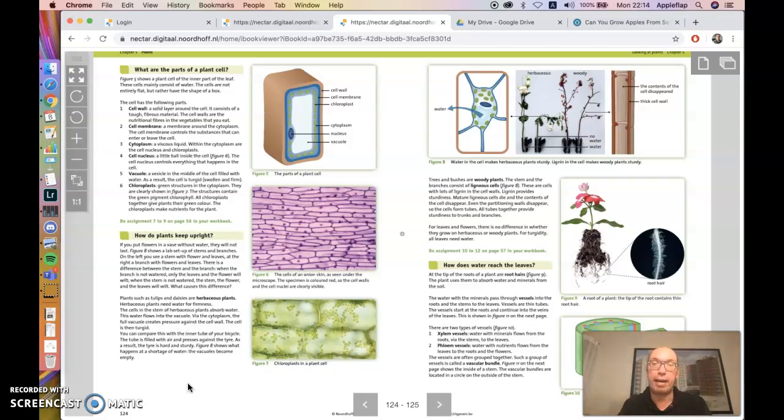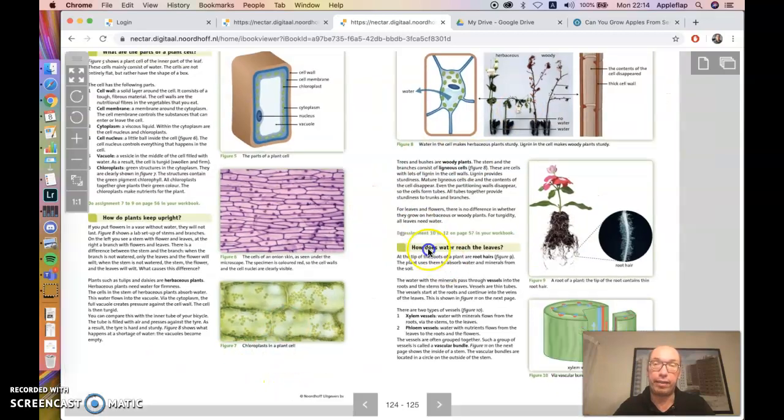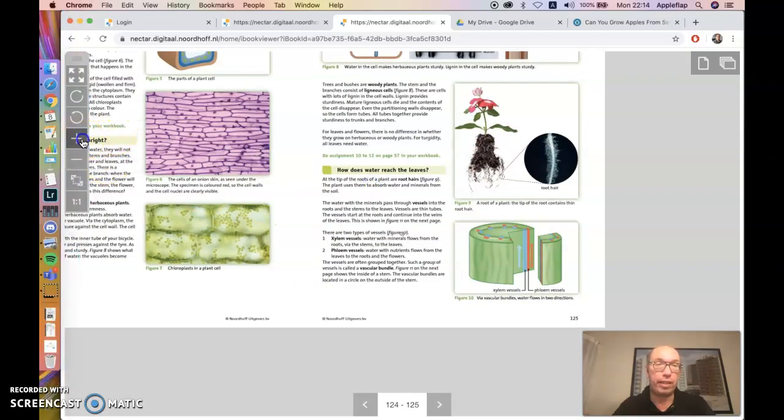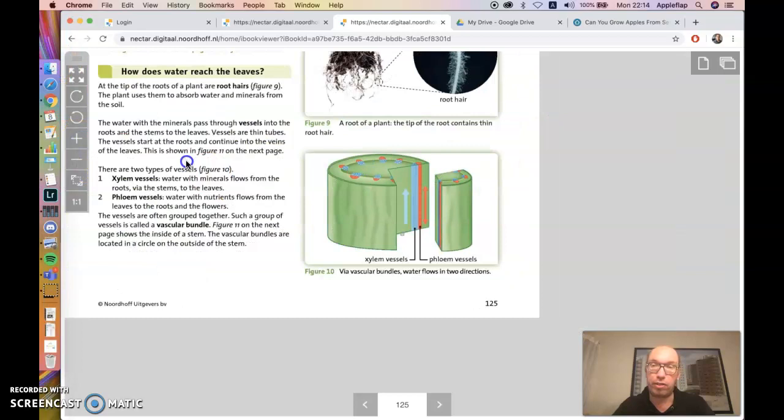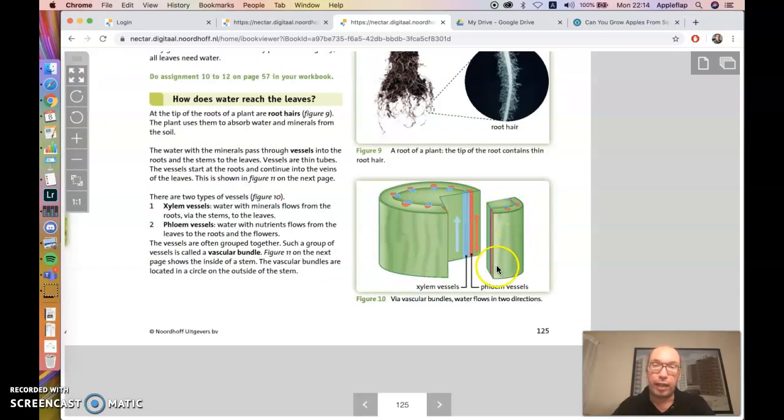When you look at the stem, those vessels are really tiny, small in diameter. And they are grouped together as a vascular bundle. You can see it down here. Let us zoom in a bit on this drawing. And you see there are vascular bundles where the water flows in different directions, it says. All right. And notice something else, that those vascular bundles are in rings, on the outside of the stem.